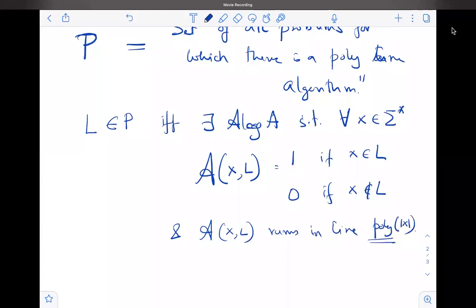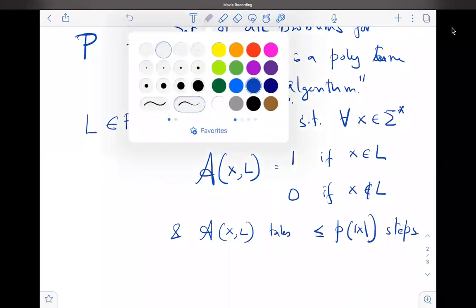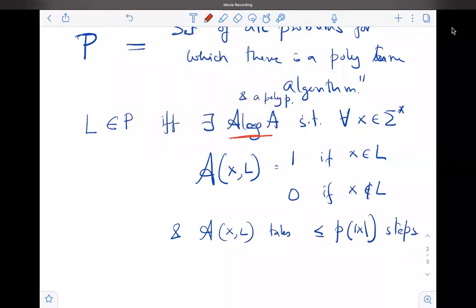When I am defining this, I have to say that there is the algorithm A and a polynomial P such that A of x takes less than or equal to P of the size of x steps. I have still not defined what an algorithm is, and this is a concept I cannot define without a Turing machine. But you have some sense of what an algorithm is, right?